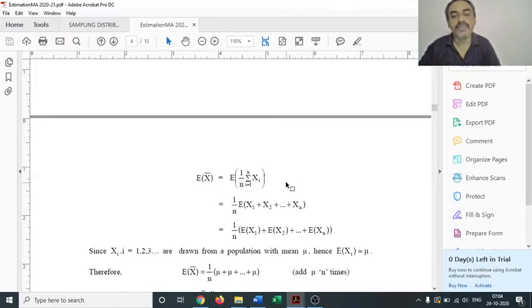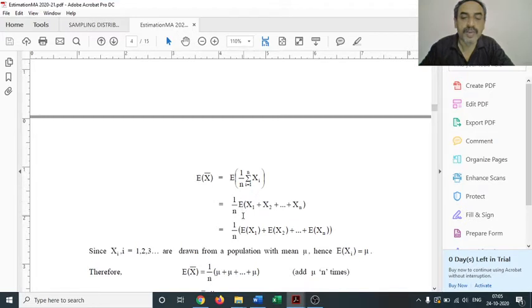Using this expectation, we have E of x bar equals E of 1 by n, sigma i equal to 1 to n, xi. In expectation, we have a property that E of AX equals A E of X. Here 1 by n is a constant, so 1 by n can be taken outside this E operator.